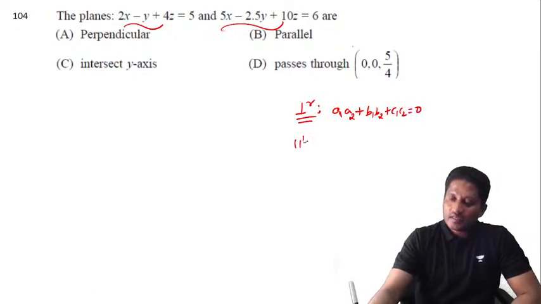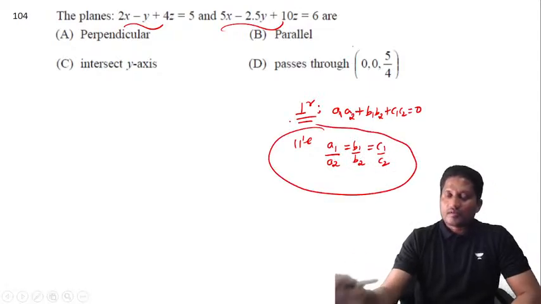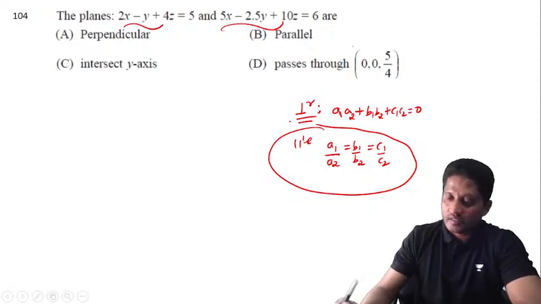They are parallel if a1 by a2 is equal to b1 by b2 is equal to c1 by c2. Now let me check.